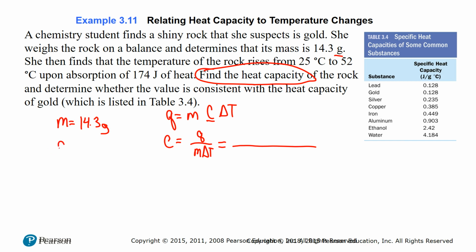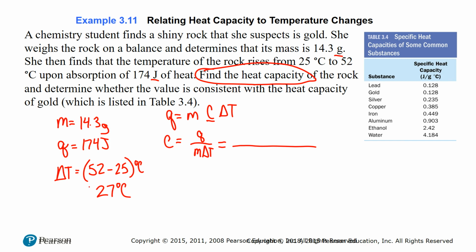I know that my Q is 174 joules because joules represents heat. All right. My delta T is going to be my final temperature, which is 52, minus my initial temperature, 25. And so that's degrees Celsius. So my temperature change is 27 degrees Celsius.